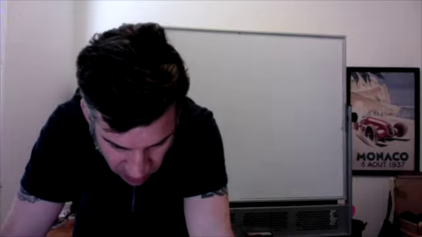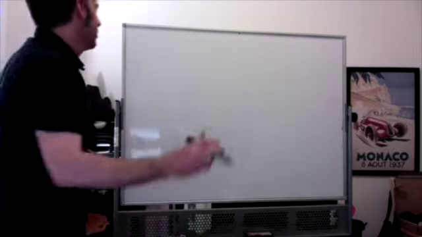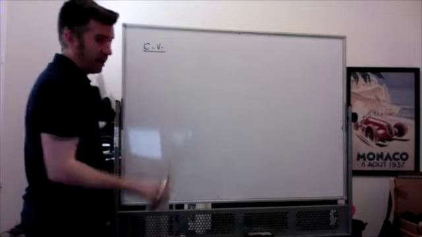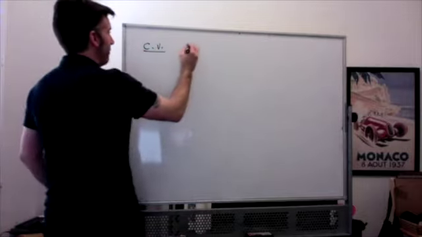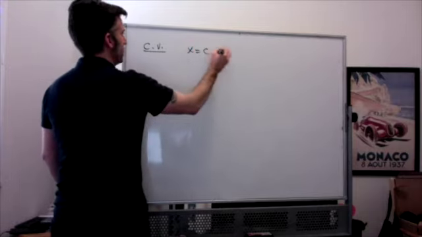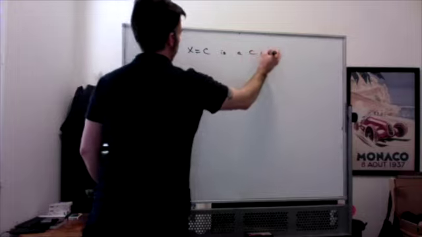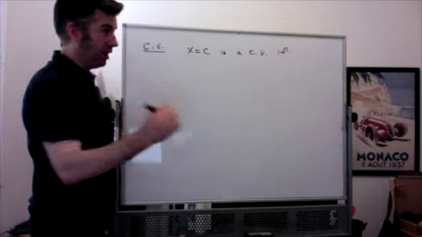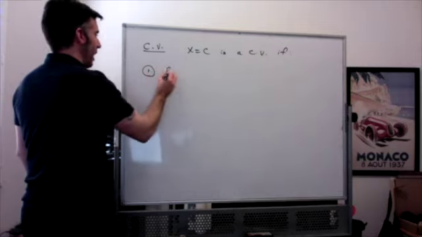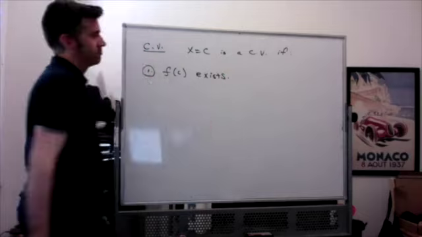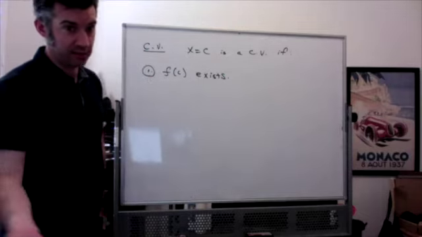Let me back up. To be a critical value, here's what has to be true. x equal to c is a critical value if the following things are true. Thing one, f of c exists; it has to be defined at c.